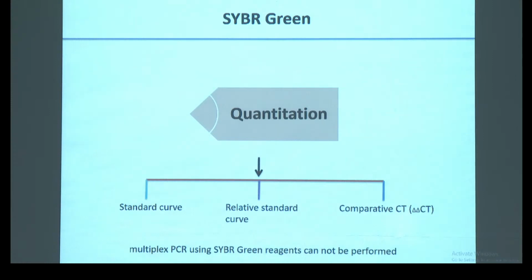For quantification, there are various ways. We will be discussing today in detail the standard curve, absolute quantification by generating a standard curve. Second is the relative standard curve, which is a mixture of both. Here we will generate a standard curve. Also we use an endogenous control or a reference gene in the comparative CT method, which is used for gene expression studies.